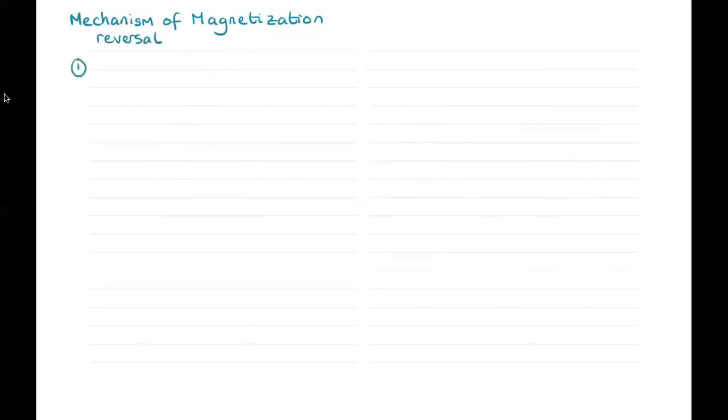So we start off with the magnetization lying along an easy direction.